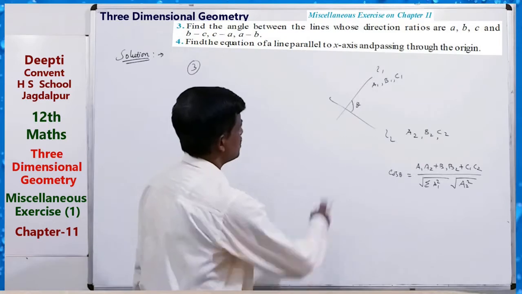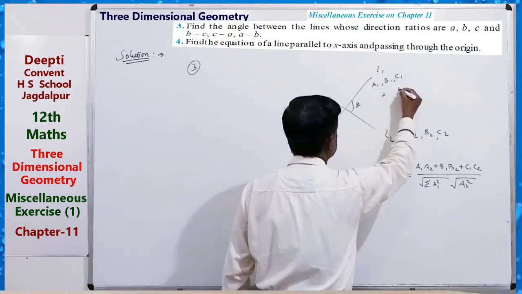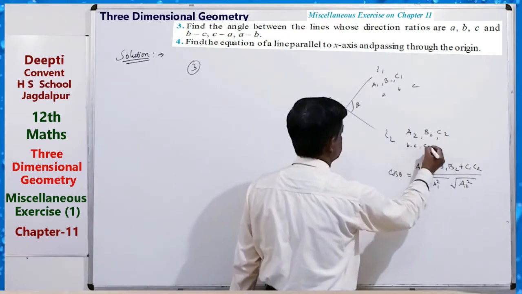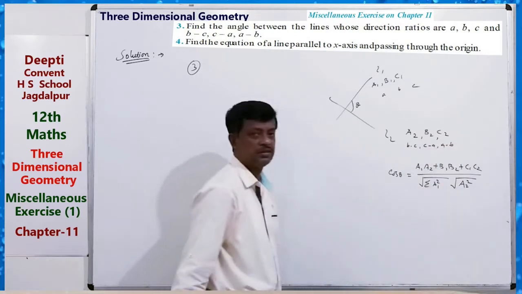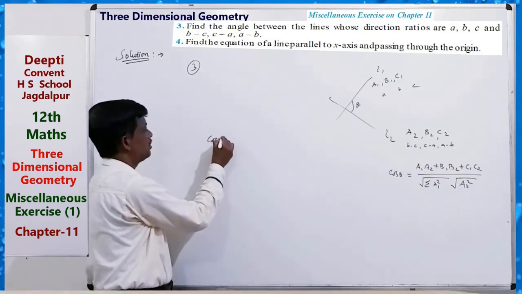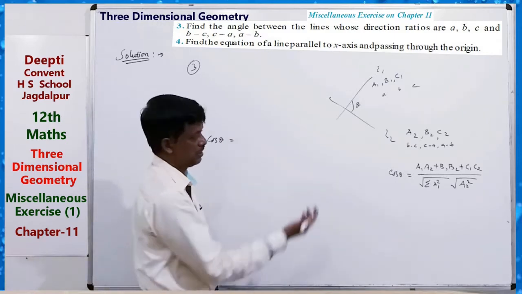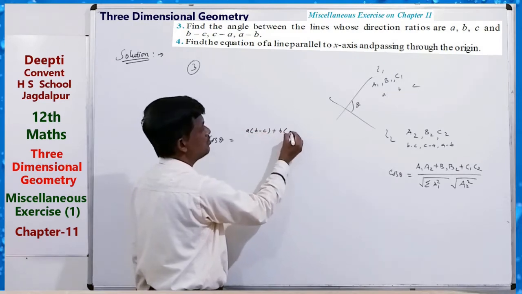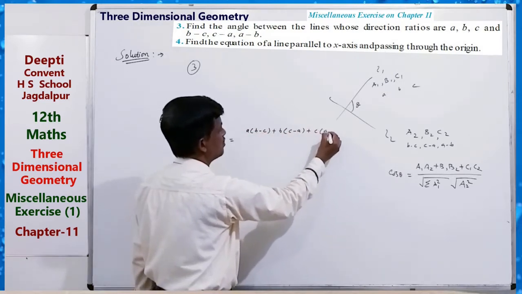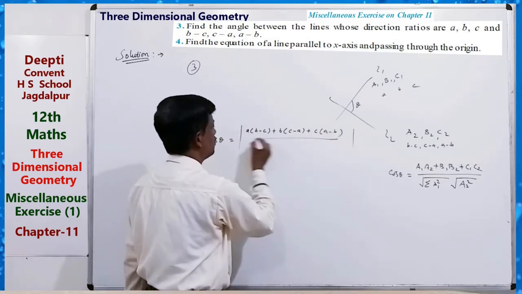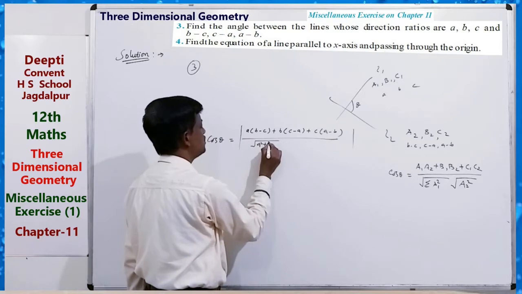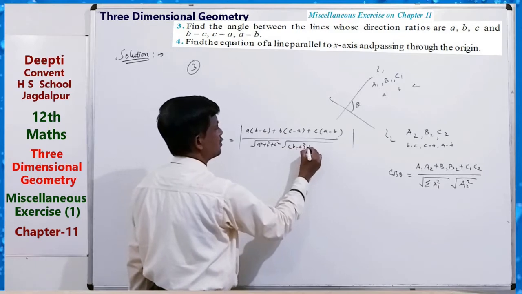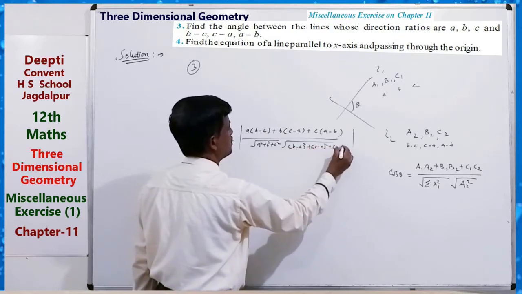It's very simple. Here A, B, C are given, and the other line's ratios are B minus C, C minus A, A minus B. So cos theta equals the modulus of A into B minus C plus B into C minus A plus C into A minus B, upon root over A square plus B square plus C square times root over B minus C square plus C minus A square plus A minus B square.